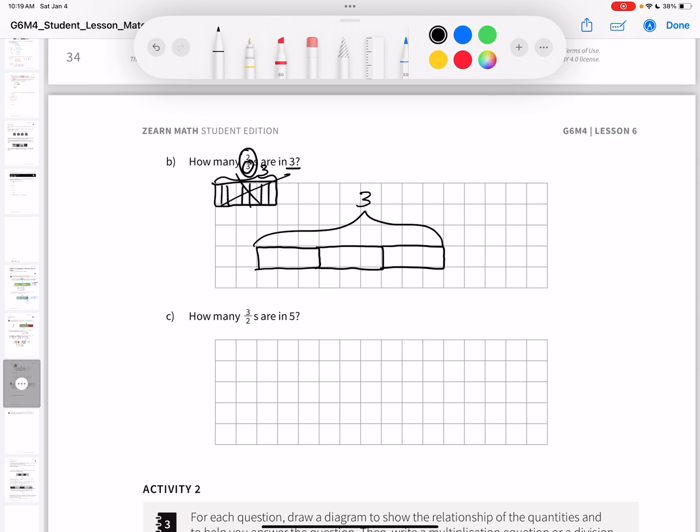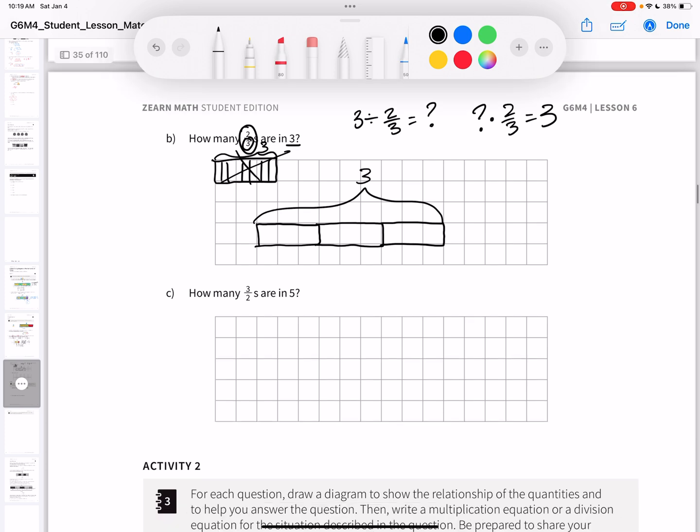Now from here, we really need to break this apart, right? This says 2/3. So let's write our division problem. We have 3 divided by 2/3 equals something, and then something times 2/3 equals 3. So we know that we're trying to find 2/3 here.